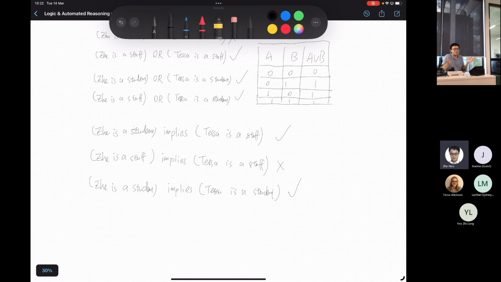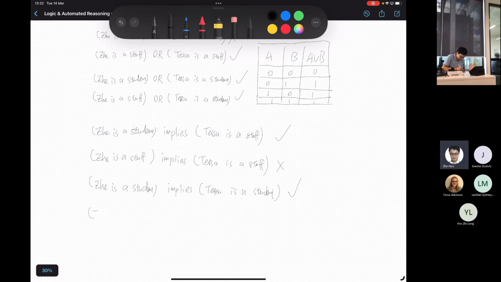Otherwise, your reasoning is true, but it doesn't make a lot of sense. It's not really a useful reasoning. That's why it's vacuously true. So when you have an implication, if the left-hand side is false, then the implication is true. That's the rule we apply here.